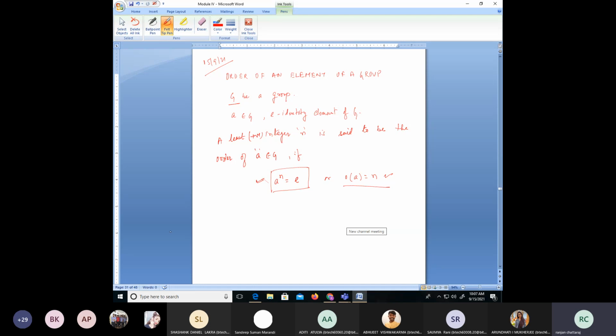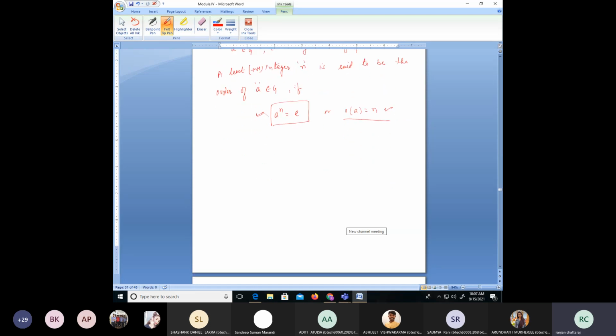For example, suppose I am considering Z, the fourth roots of unity, 1, minus 1, I, minus I, and obviously Z with ordinary multiplication.